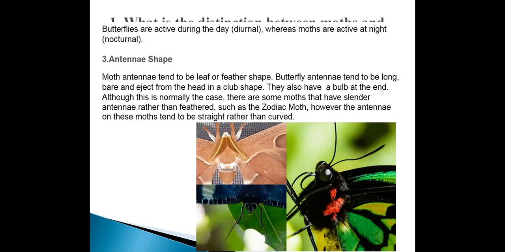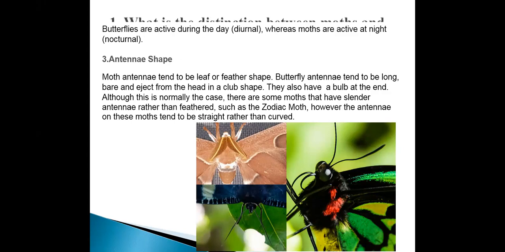And when we look at the antennae, these are structures situated on the head. The function of the antenna is to feel the place where they have gone and to smell. The antenna of a moth will be spear shaped, but on a butterfly it will be a little longer with a bulb shape at the end.